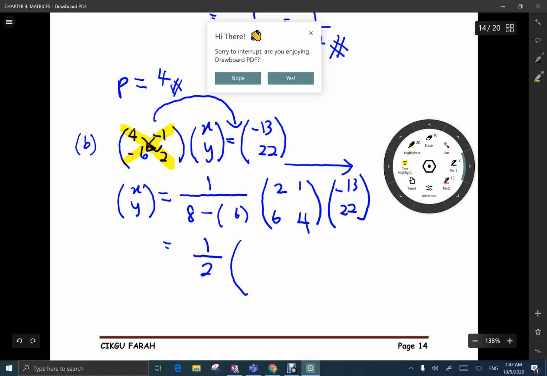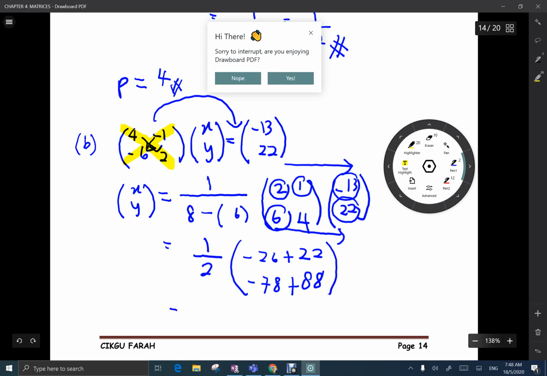So, 2 times negative 13 will get negative 26 plus 1 times 22 will get 22. Okay, so this one, 6 times negative 13, negative 78, plus 4 times 22 is 88.